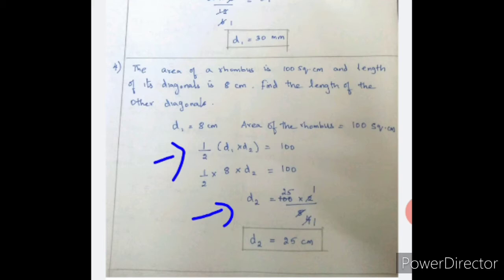So by going to two tables, 2 ones are 8 will come as 4 times in the two tables, 2 fours are 8. Now in 4 tables, 4 ones are, the 100 we can cancel as 25 times in the 4 tables. Now your d2 is 25 centimeter.